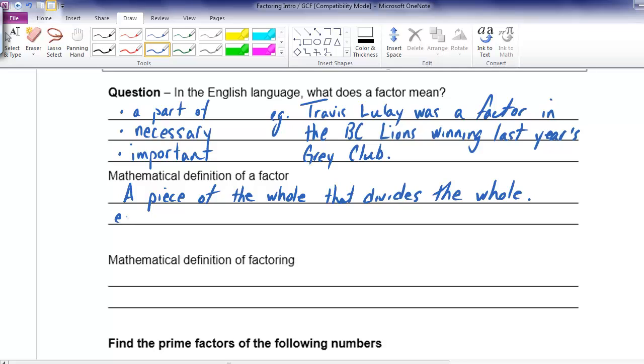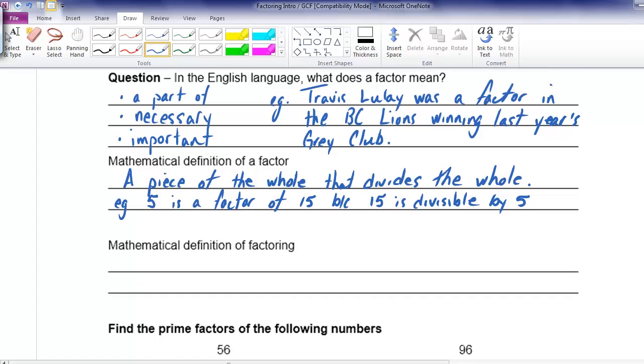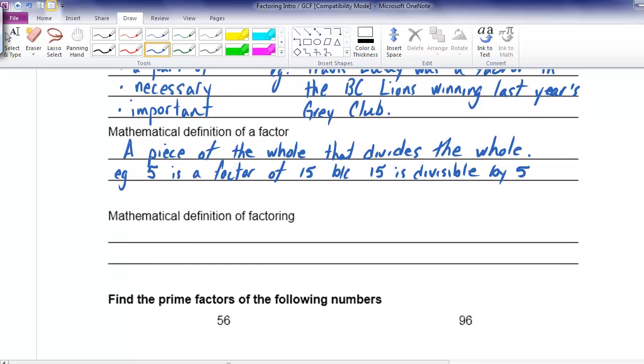So for example, 5 is a factor of 15 because 15 is divisible by 5. So there's our mathy definition that we're going to go with.